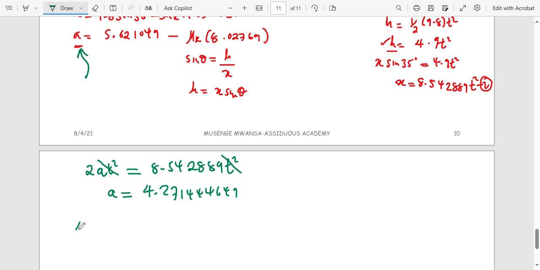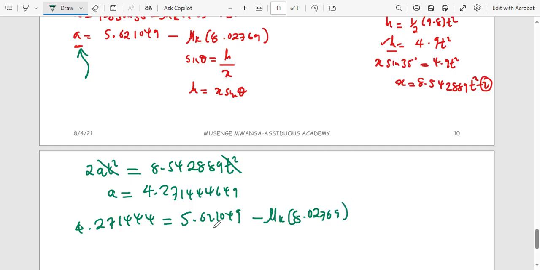So we'll say 4.271444 is equal to 5.621049 minus mu k times 8.02769.